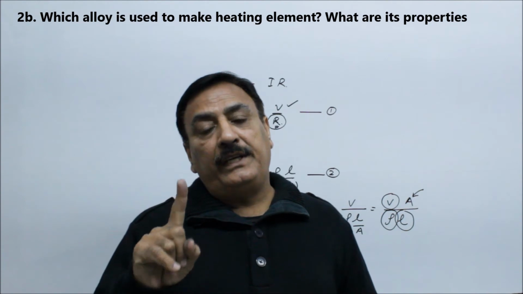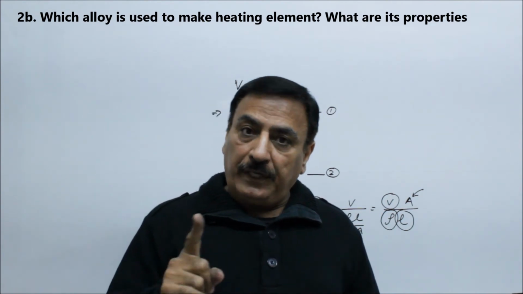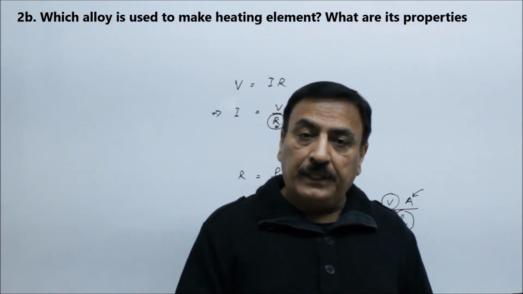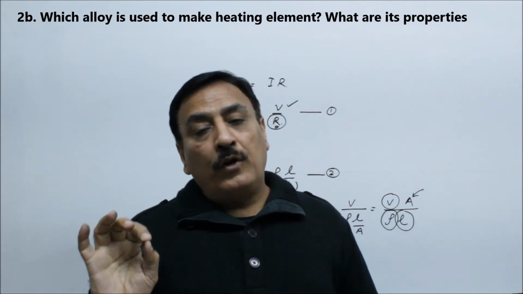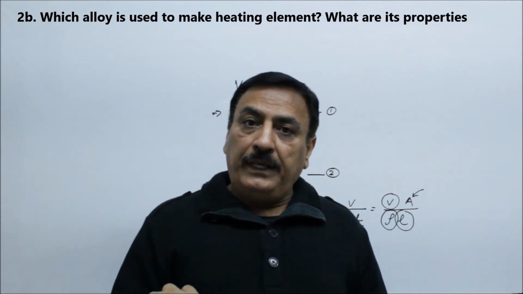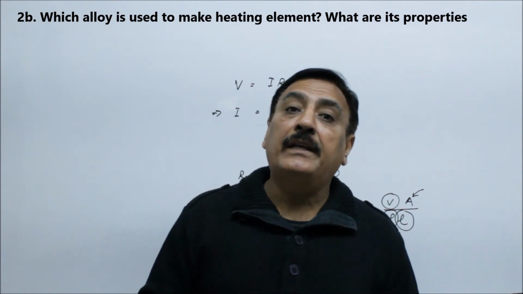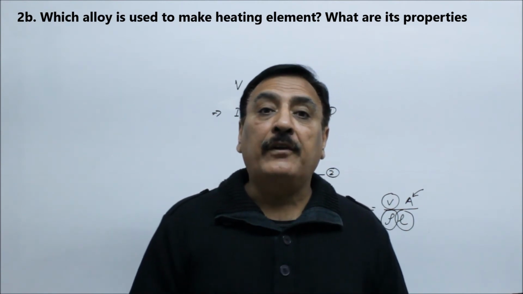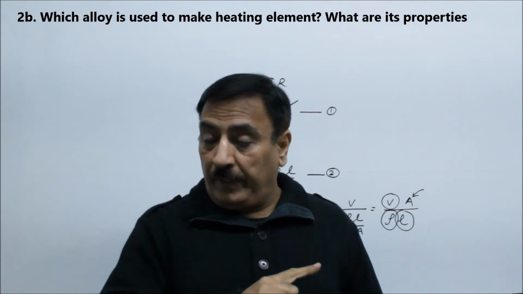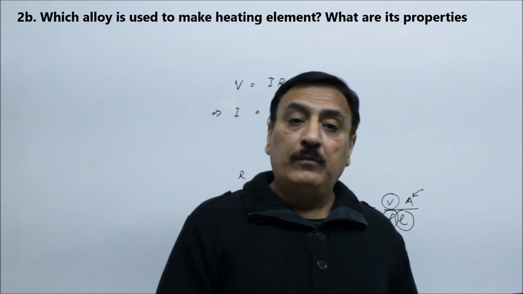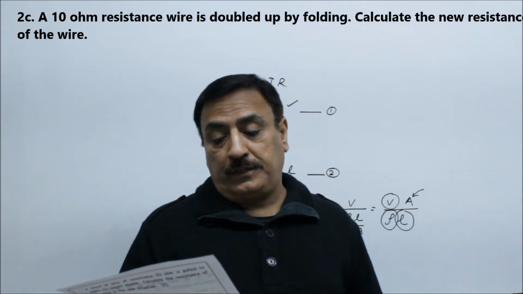So first property, it has got very high resistivity compared to the resistivity of very good conductors like silver or copper. And second property is it does not easily oxidize even at a very high temperature at which it operates. We know when the current is flowing through it, it becomes absolutely red hot.